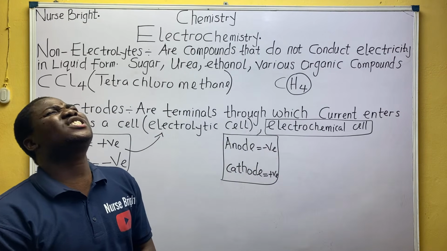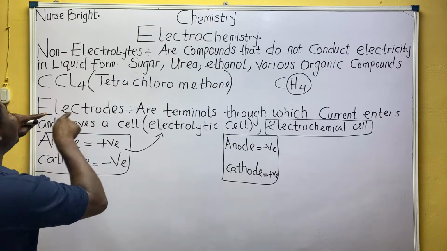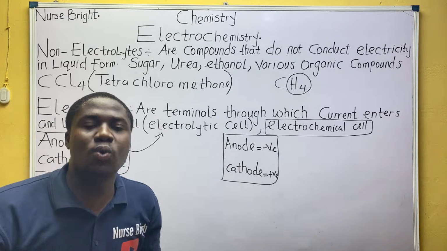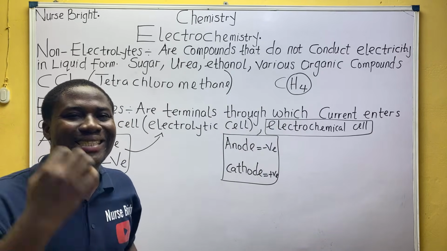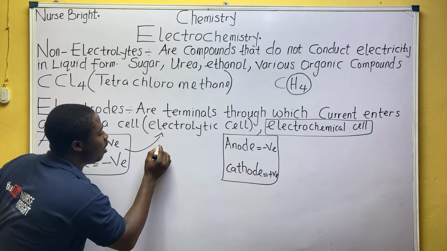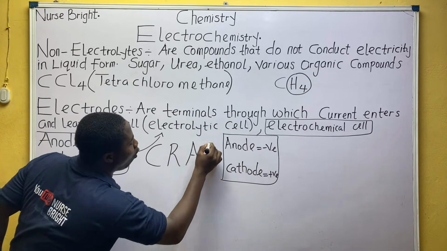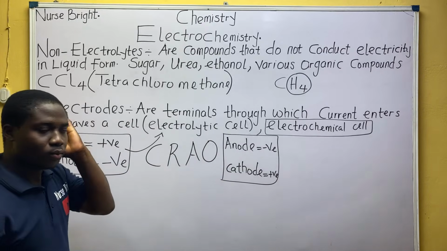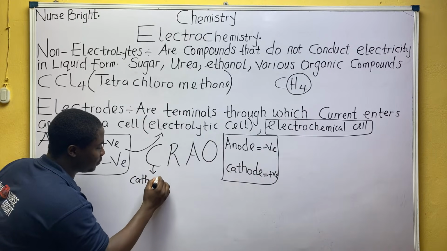There are series of processes that occur in these electrodes, which are the anode and cathode. So remember this, I use an acronym called CRAO. The C here means cathode.